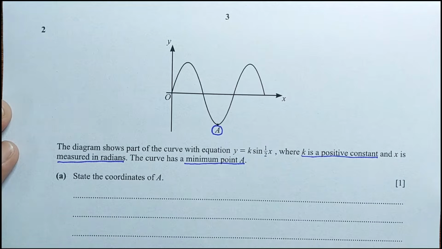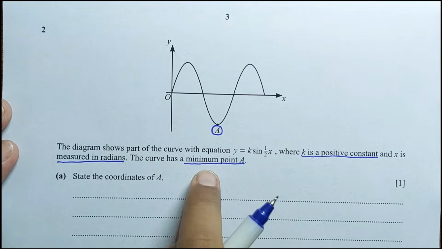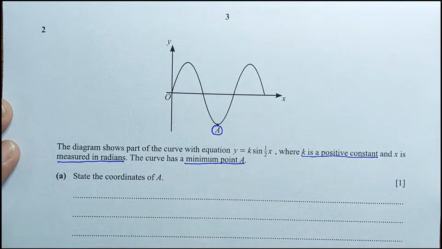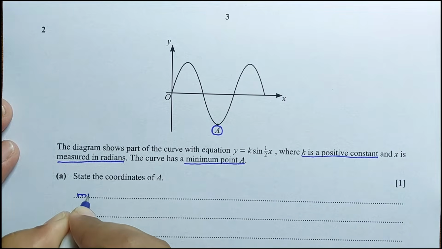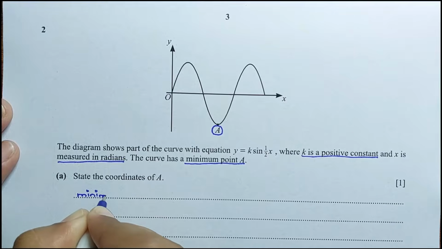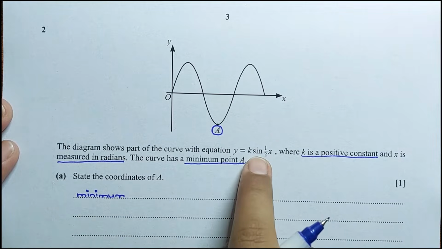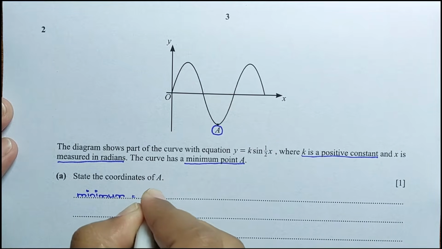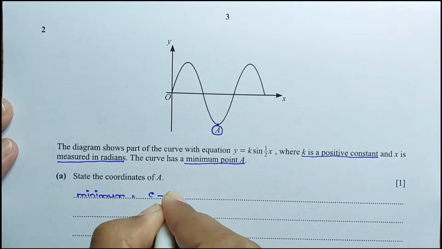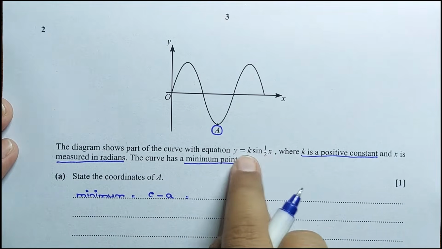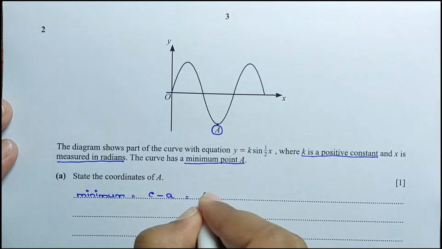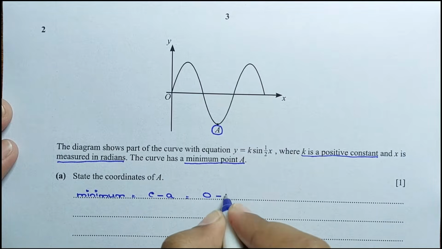We have to state the x and the y coordinate of A, and we are given that this is the minimum point. And we know that the minimum of a sinusoidal function, sine or cosine, is the equation of axis minus the amplitude. So as you can see in this equation, the equation of axis is 0 and the amplitude is k.